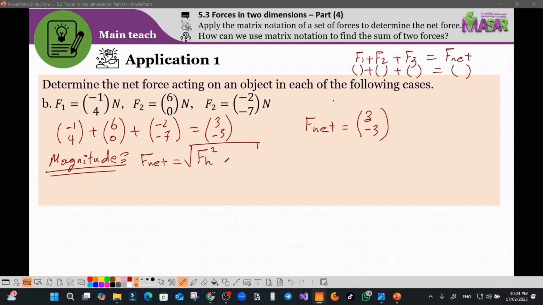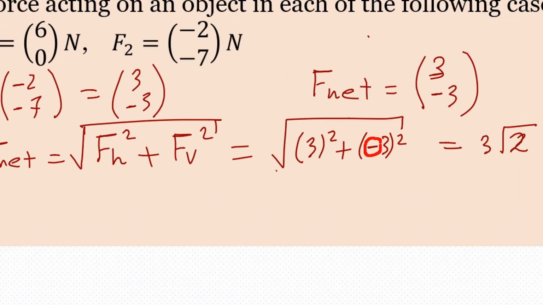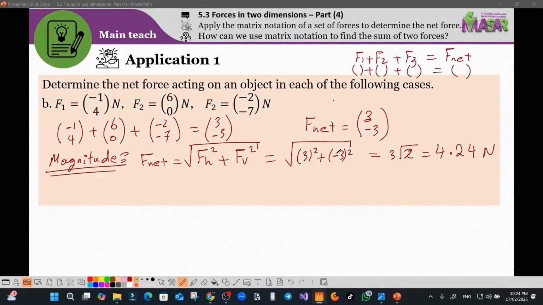We simply add the squares of FH and FV under the square root, and the answer is 3 radical 2. You can re-express the 3 radical 2 in decimal form, and this is equal to 4.24 Newton. Let me remind you here that this minus, you can avoid adding it because it will be cancelled under the action of the square. So no need to worry about adding the minus.